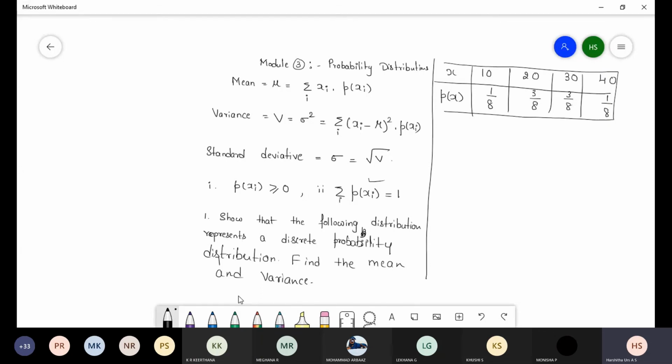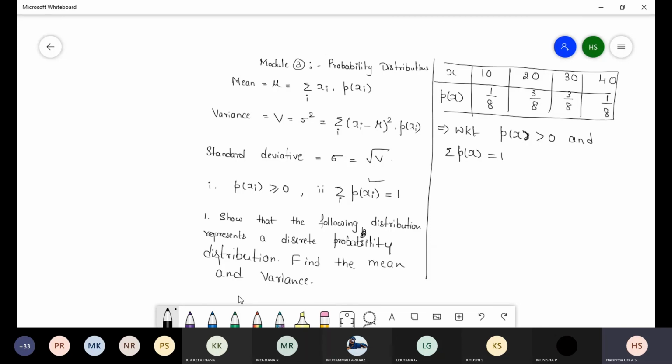So what do we write in the solution? We know that p of x, here 0 is not there, so I will write only p of x is greater than 0, and the sum of the p of x, when you add all of them, we will get 1. So 1 by 8, 3 by 8, 3 by 8, 1 by 8, if we add, we will get 1.